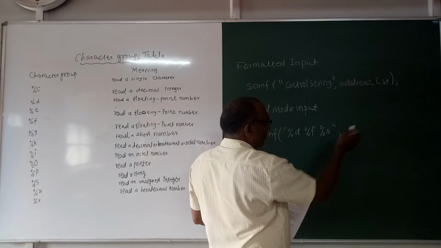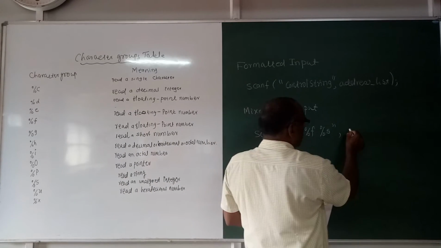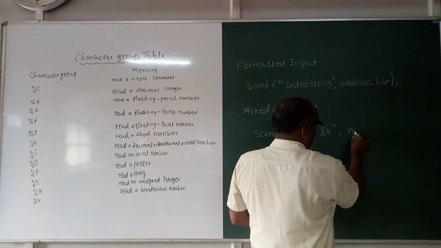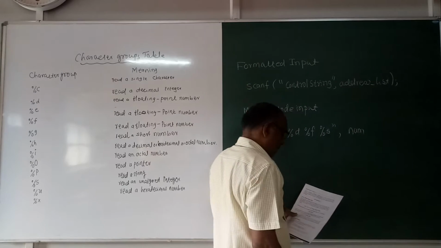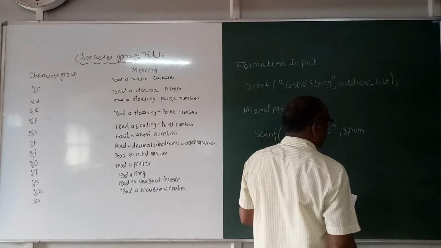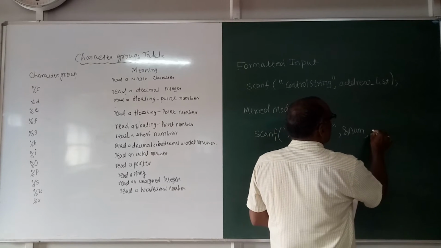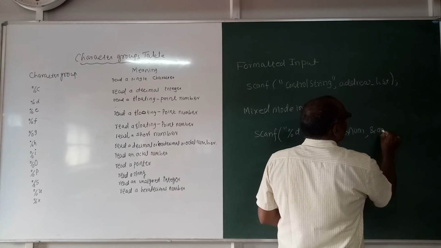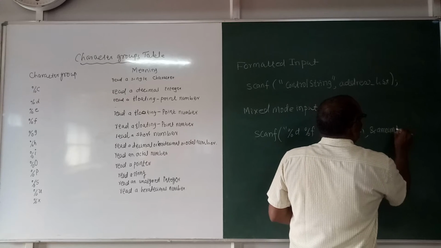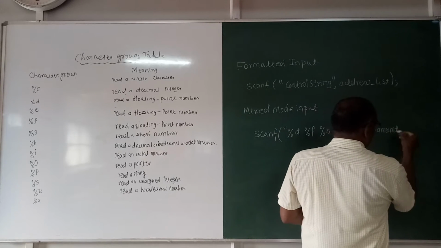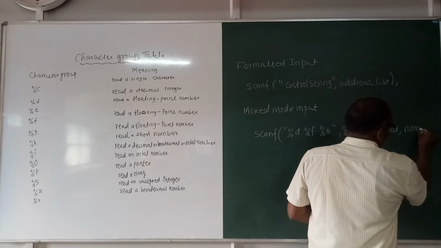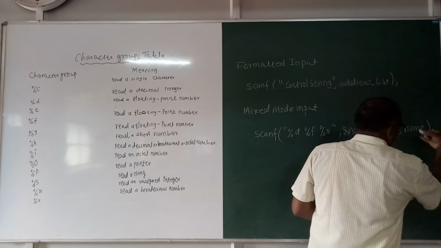So I want to give the variables 1, 2, 3, say number, that is with ampersand, and comma, say amount, and name. Close this.